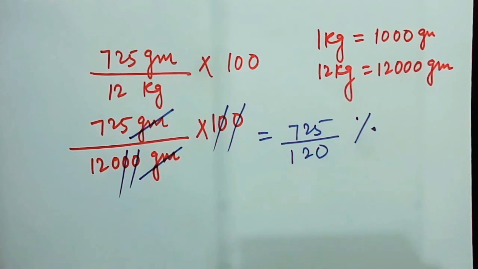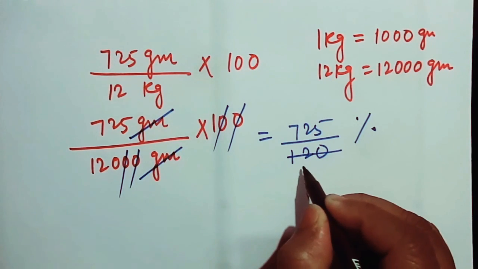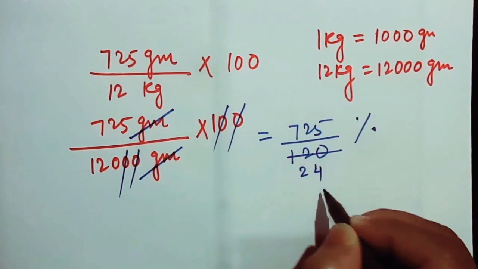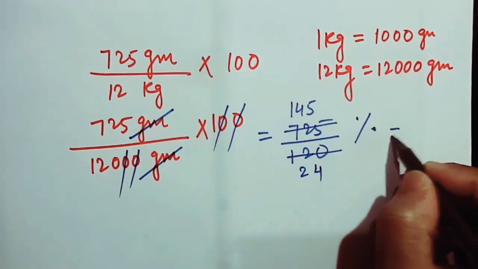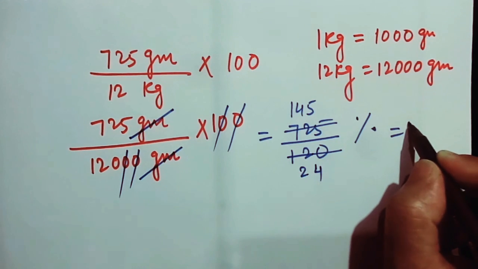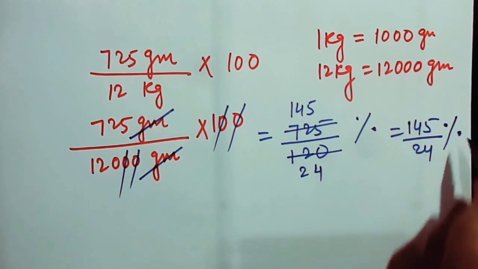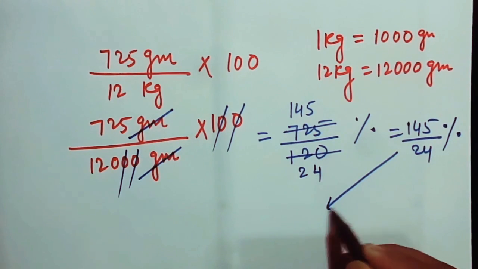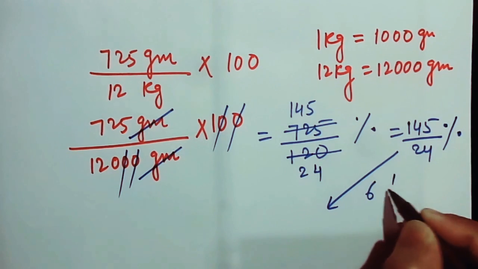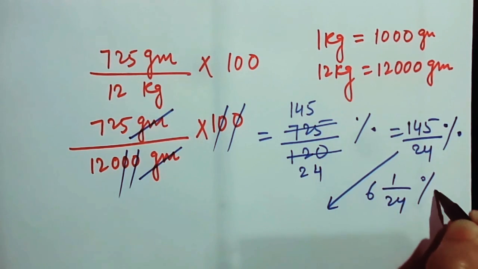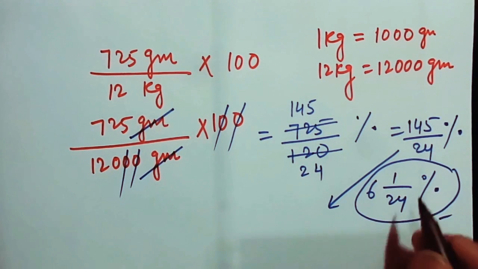So on cancelling more, what I am going to get is 5, 2 times, 5 and 145 by 24 percentage. When you convert this into a mixed fraction, it will give you 6 1 by 24 percentage.